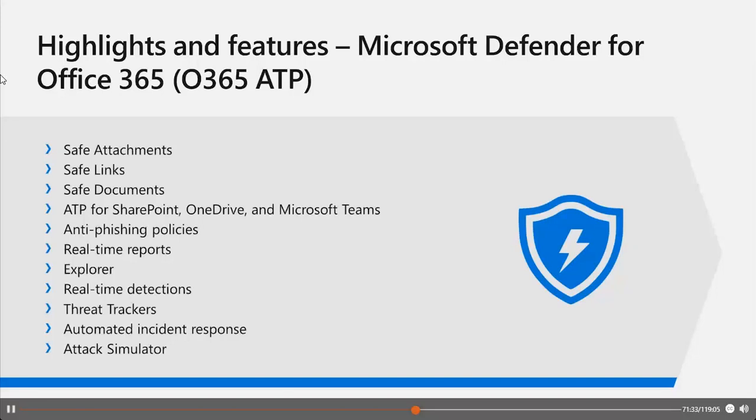Then we have safe documents. That's a specific feature of Microsoft Defender for Endpoint to scan documents and files that are opened in protected view. But there is something you should know beforehand. Safe documents is generally available to users with Office version 2004 or greater, and this feature is off by default.